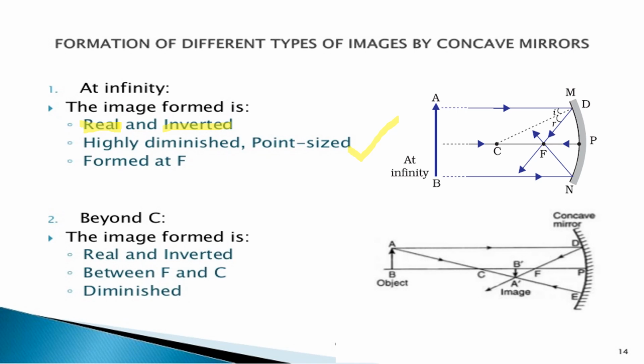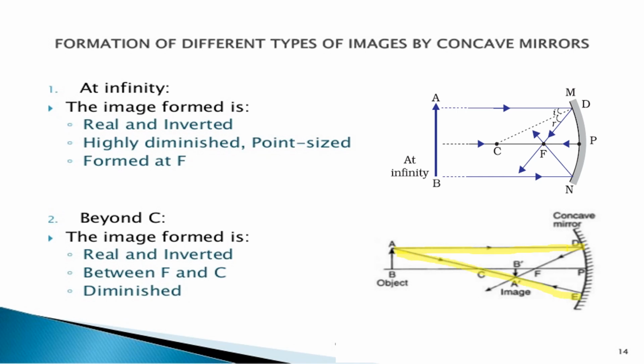Coming to the second one. Now the object is taken beyond center of curvature. When you are taking the object beyond the center of curvature, we will draw two incident rays. One ray parallel to the principal axis and the other one going through the center of curvature.